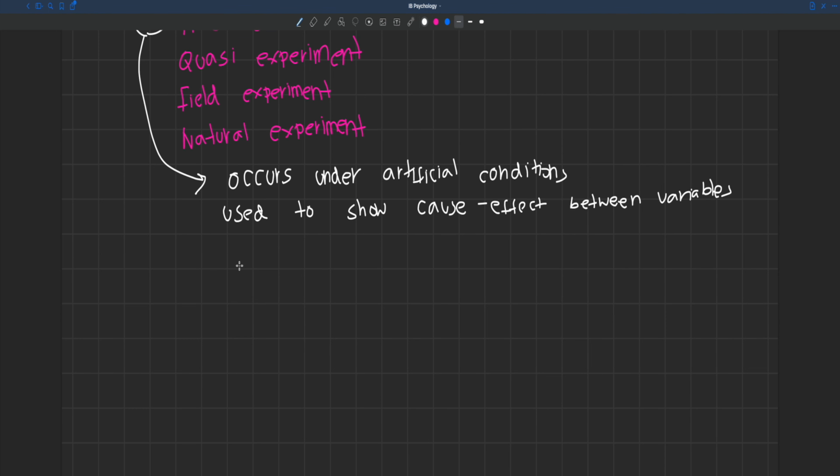And in this type of experiment, confounding and extraneous variables, which we learned last class, can be controlled to a larger extent. This means that there won't be many variables interrupting the cause and effect relationship between the independent and the dependent variable.